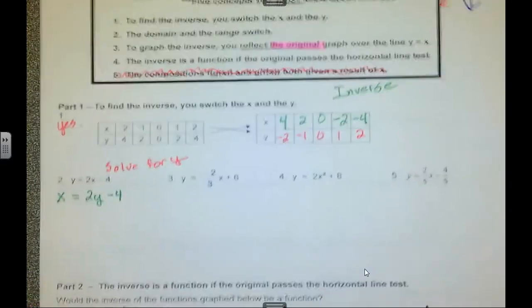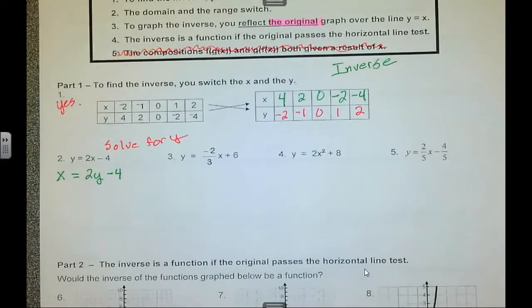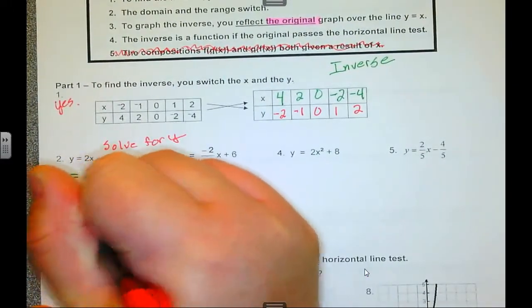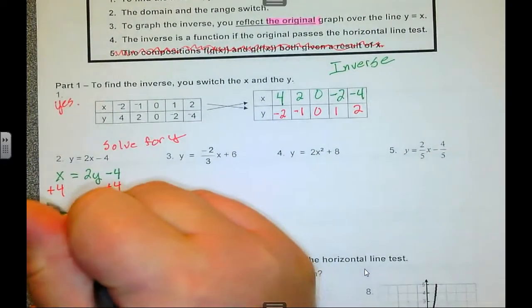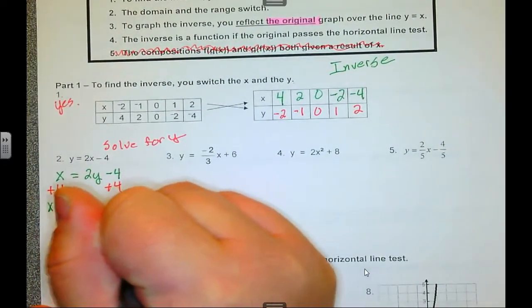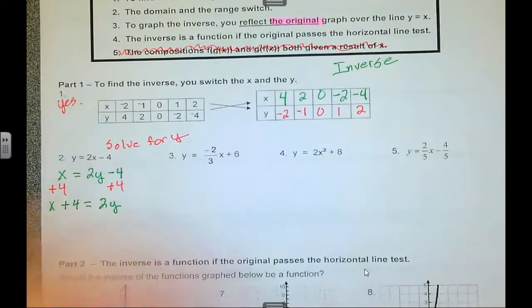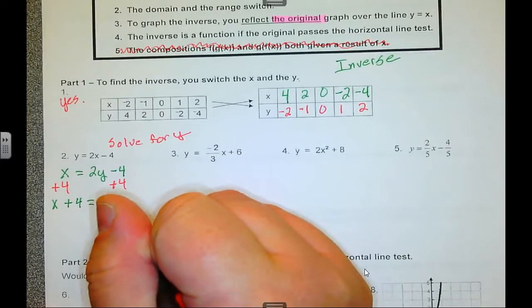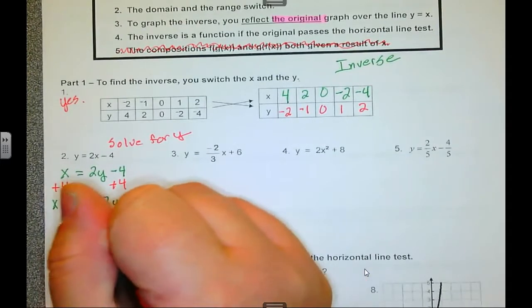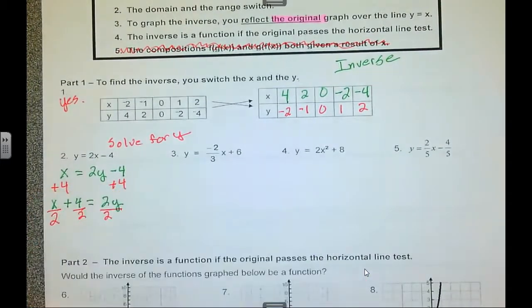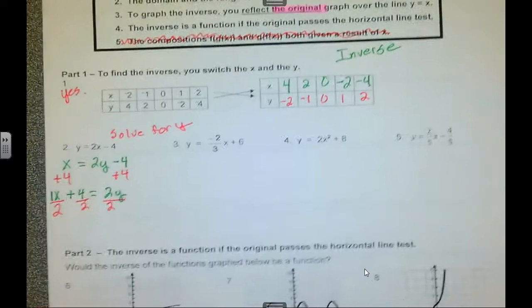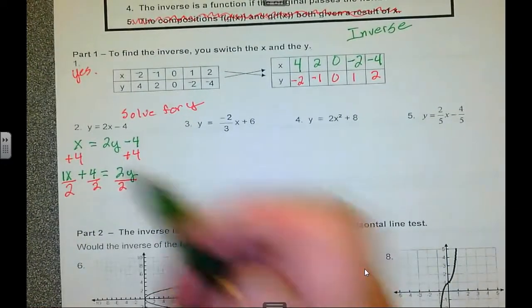Okay, how am I going to solve for y here? That's right, add 4. So I get x plus 4 equals 2y. Then I have to divide every term by 2. Okay. So, don't forget there's a 1 in front of the x, right?